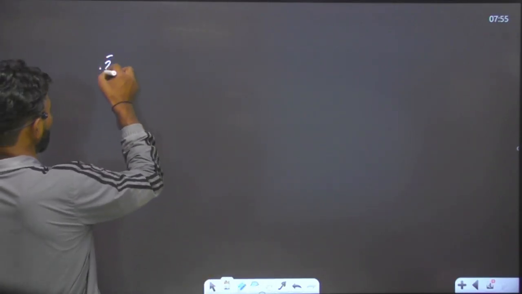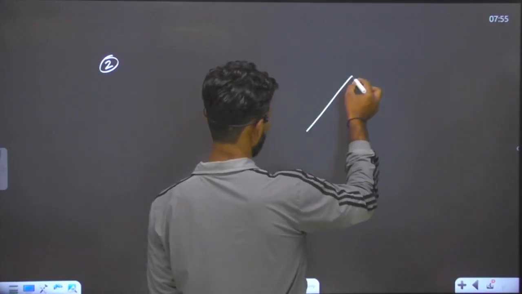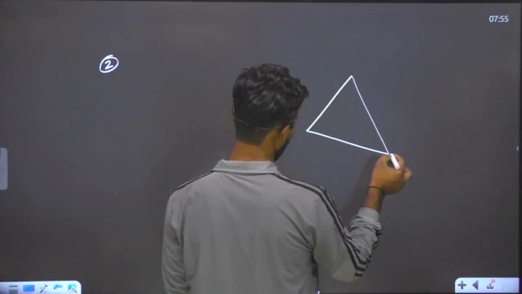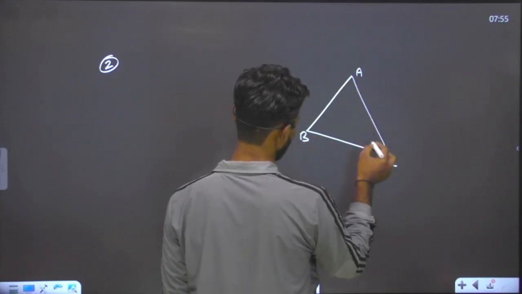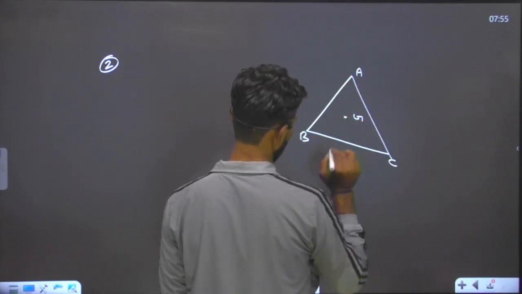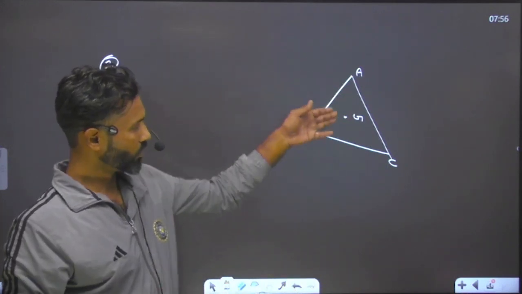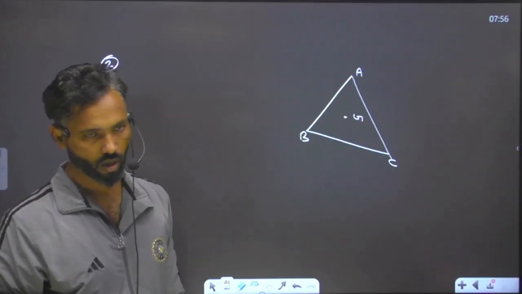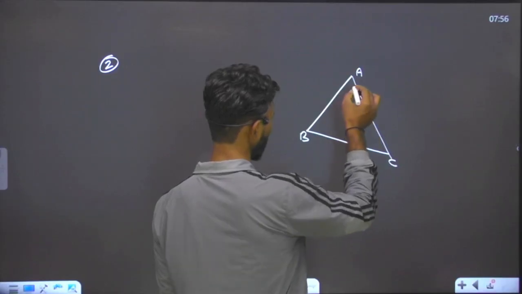And the next property says that, suppose there is a triangle and the name of the triangle is ABC. Now let's assume that G is the centroid of this triangle. Then each median will pass through point G. Now I am just joining each vertex with this centroid.